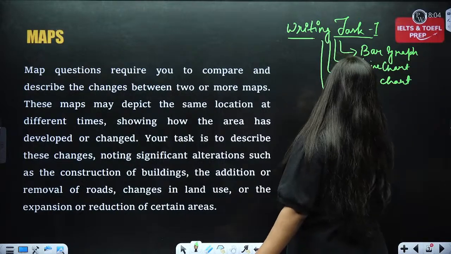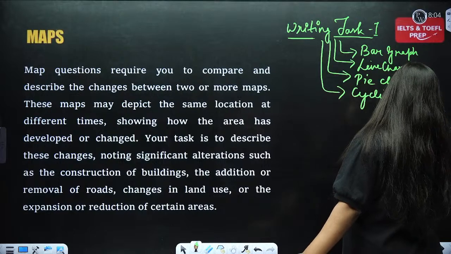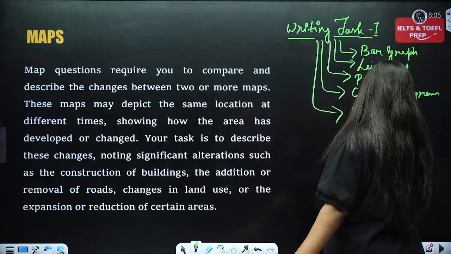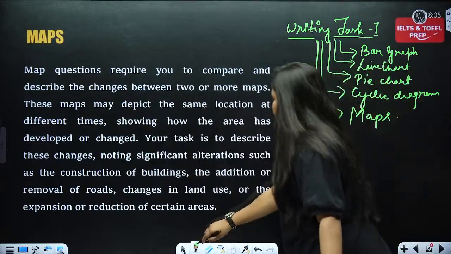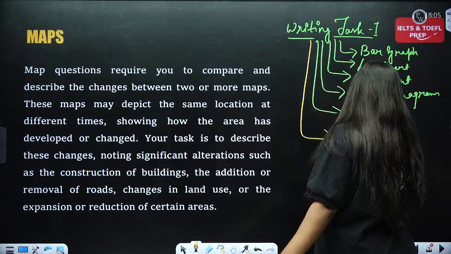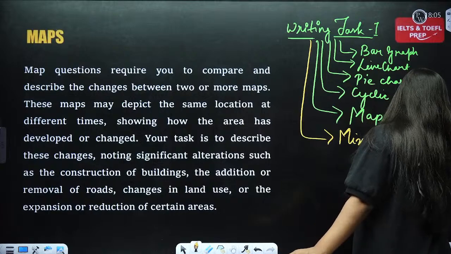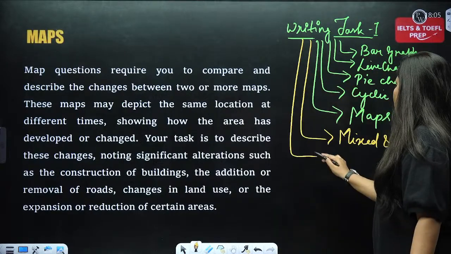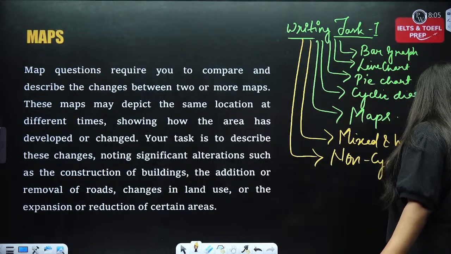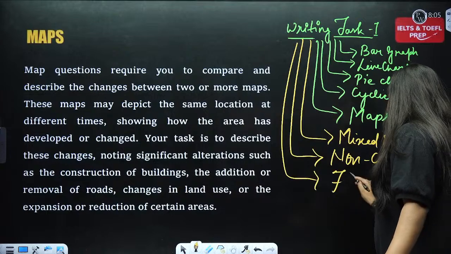Yesterday I told you about the cyclic diagram. Today I'll be telling you about maps. Now what are the other question types that you are going to encounter? Mixed and hybrid you can call. What's next? Non-cyclic, or you can call it a flowchart, whatever you feel like calling.